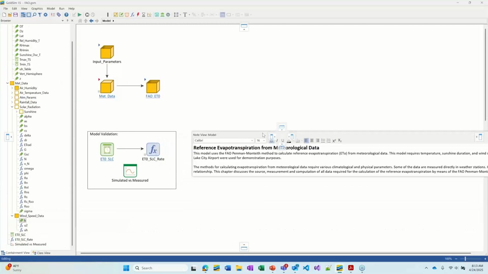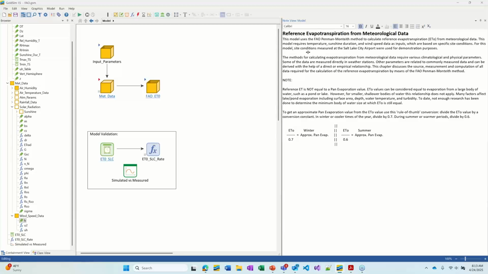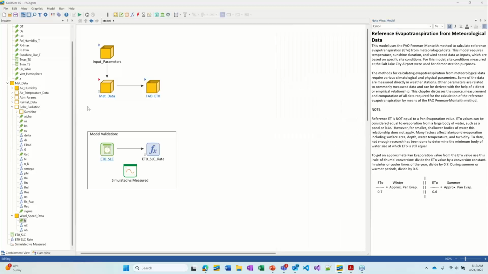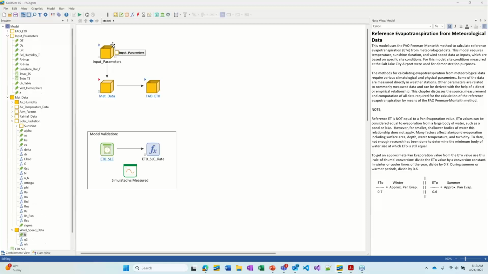I just need to move some things around here. But I've updated it a little bit while preparing for this presentation, just to make things a little bit more clear. So you can await that. Once I post the recording of this webinar, I will also update the model.